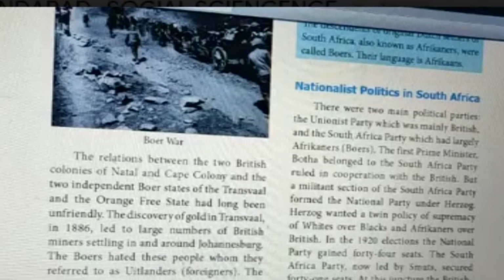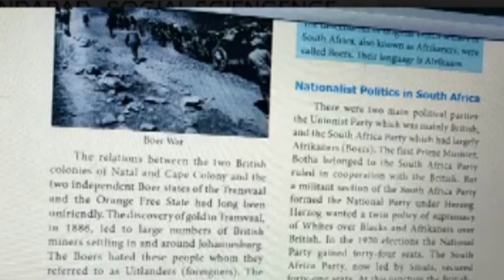So the Boers imposed weight taxes, which obviously paved the way for another war with the British. They are not a colonial power, but the Boers prepared themselves for war.